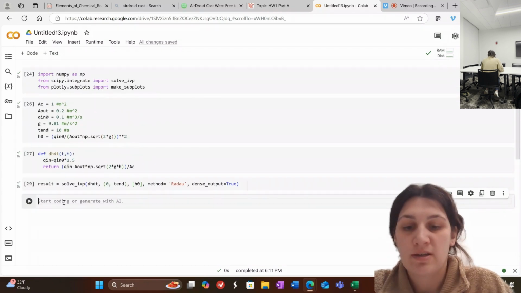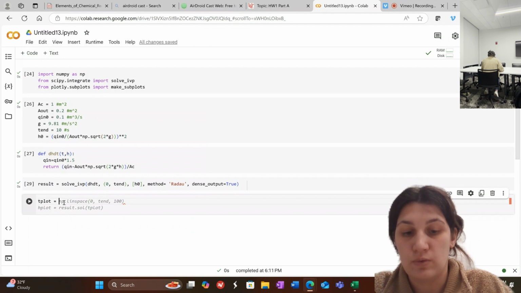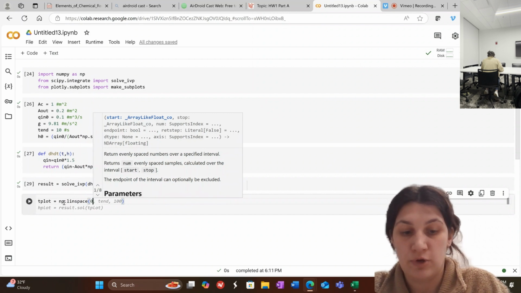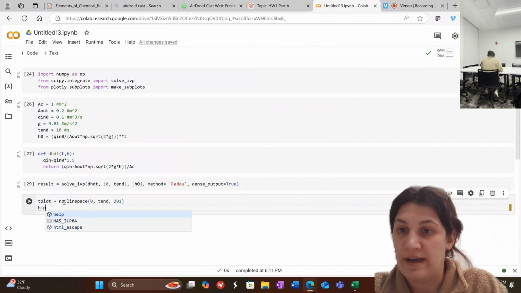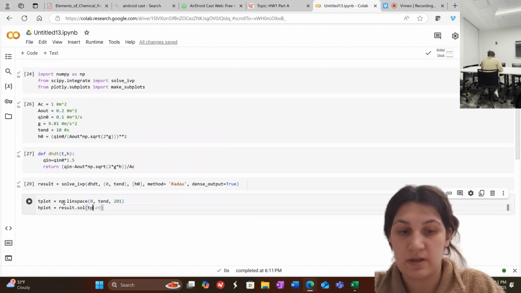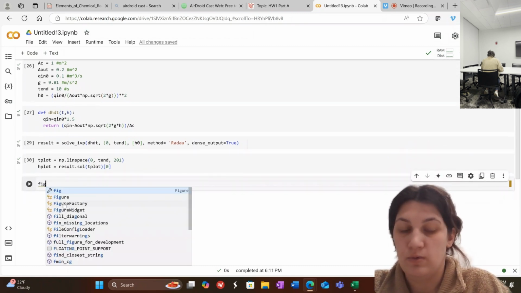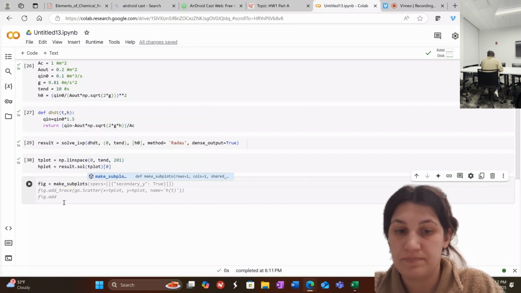And now we're ready to plot, so we can do our x-axis as t_plot is equal to np.linspace 0 to t_end, 2.1. Then we have our y-axis, which is h_plot, which is going to be result.sol of t_plot. Okay, now we can do fig is equal to make_subplots.